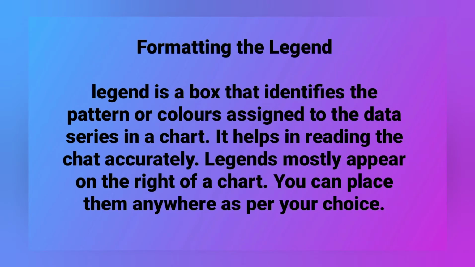Next is formatting the legend. Legend is a box that identifies the pattern or colors assigned to the data series in a chart. It helps in reading the chart accurately. Legends mostly appear on the right hand side of a chart, but you can place them anywhere of your choice and need.